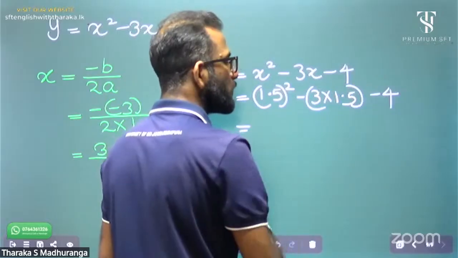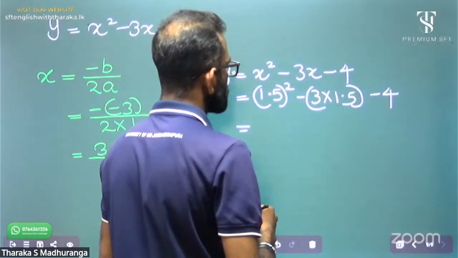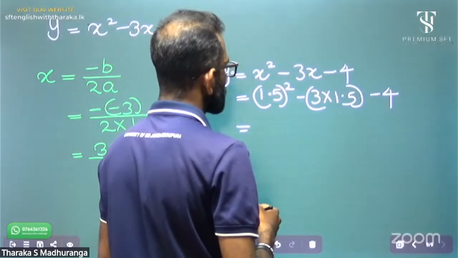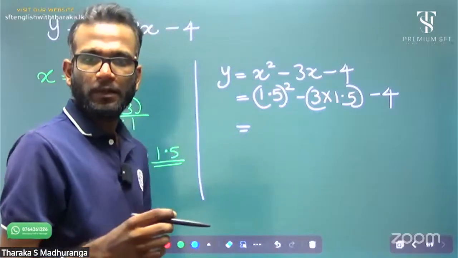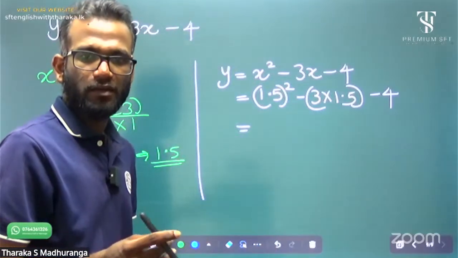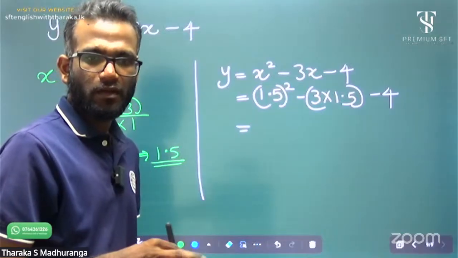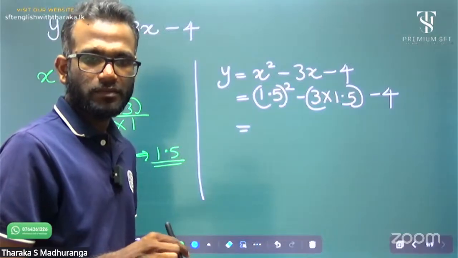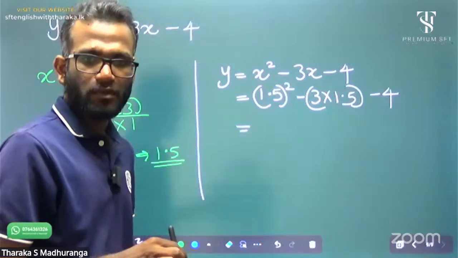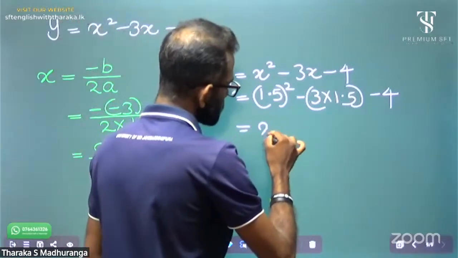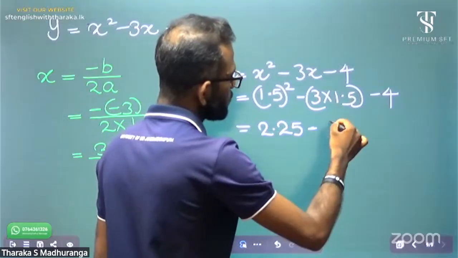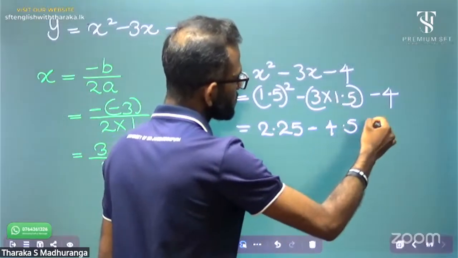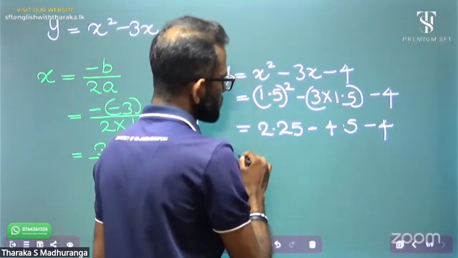Okay, what's 1.5 squared? 2.25, right? 2.25 minus 3 into 1.5 is 4.5, minus 4.